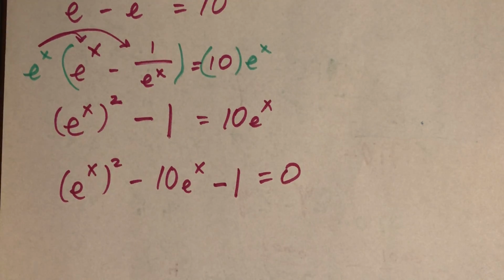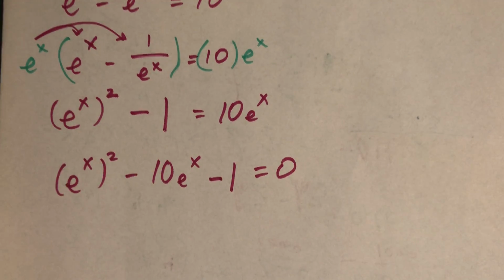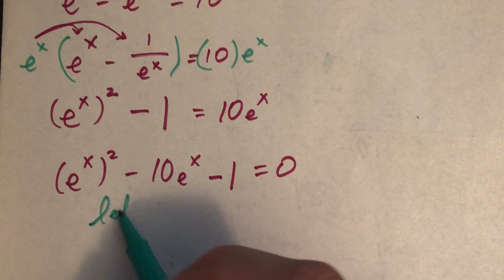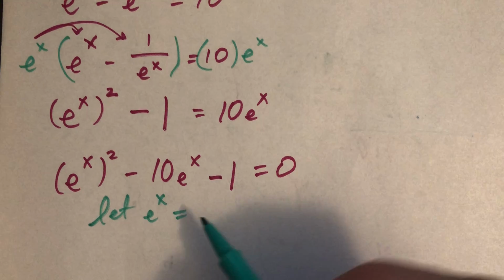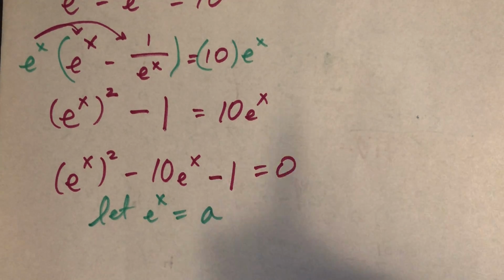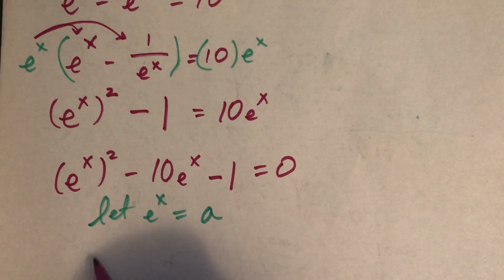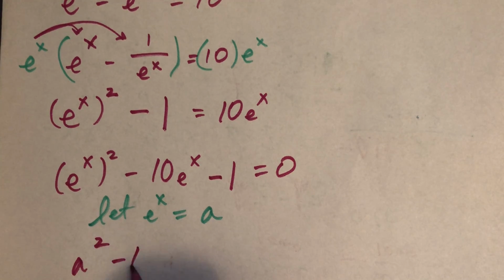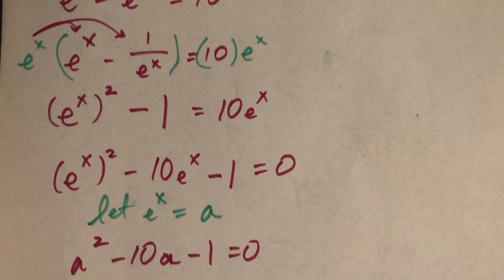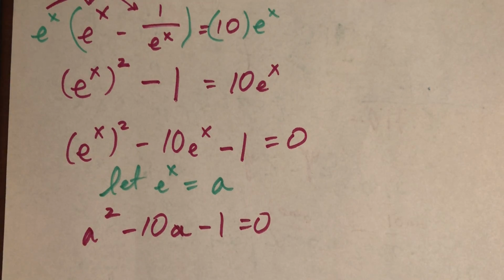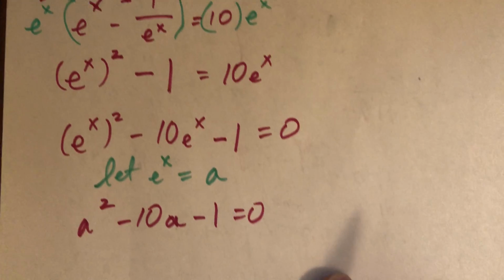We can see this is going to be kind of messy. So if we let e^x be some other variable, maybe a, we can rewrite this as a squared minus 10a minus 1 equals 0. And now, hey, it's got quadratic form, and we can apply the nice quadratic formula.